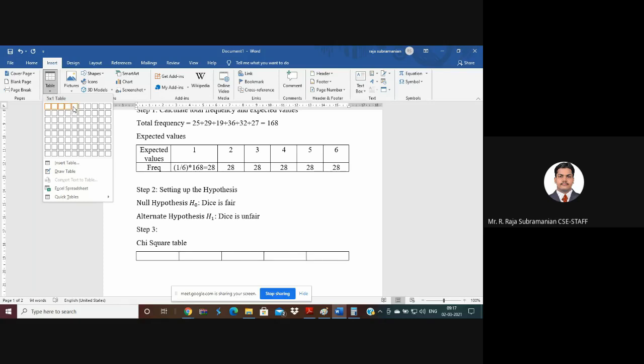So I need 5 columns, so totally 6 columns: 1, 2, 3, 4, 5, 6.